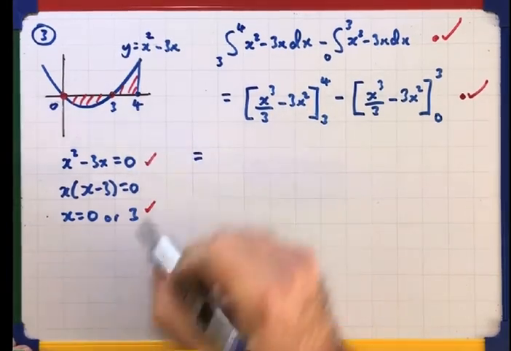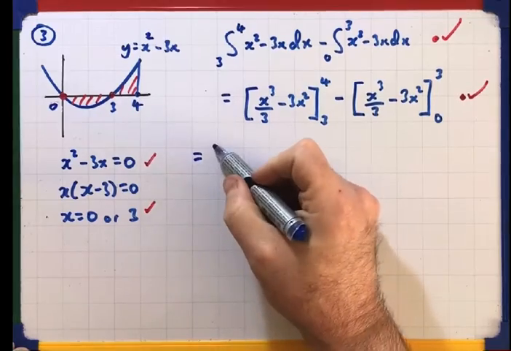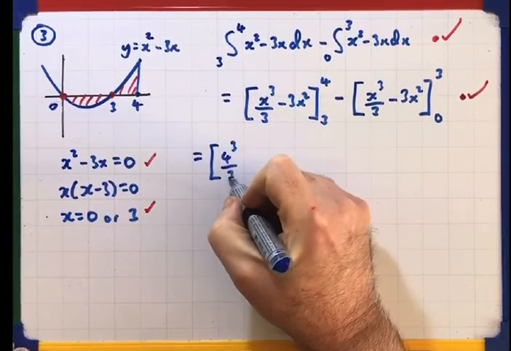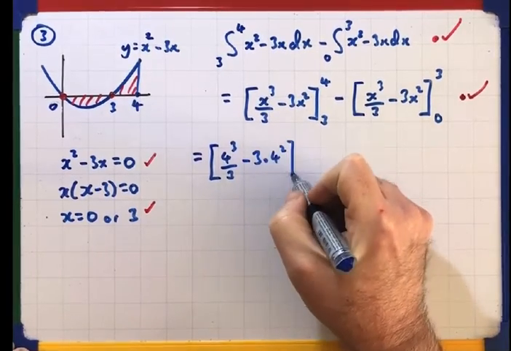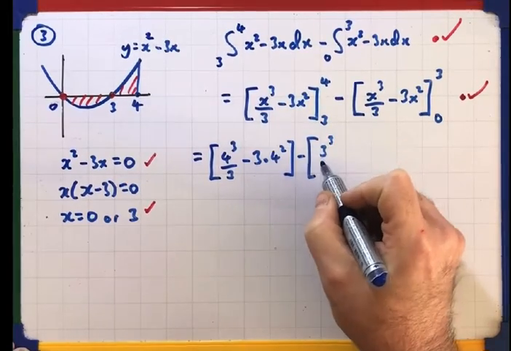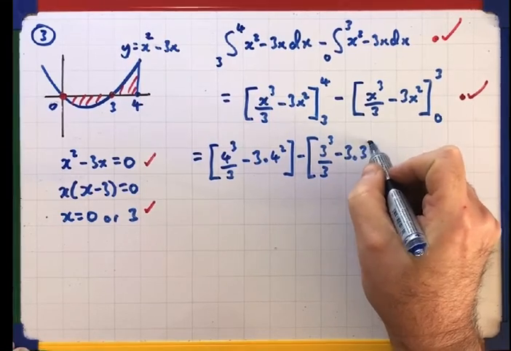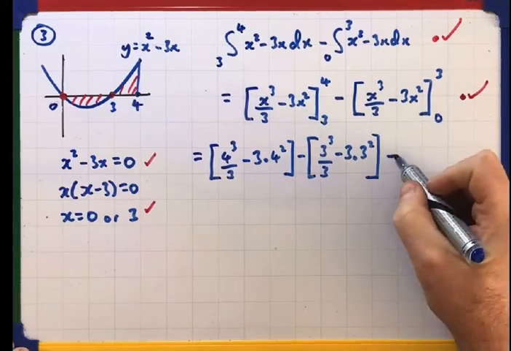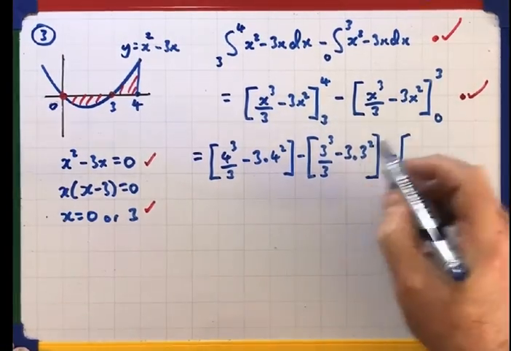So, let's have a look at it. We've got to plug in our numbers now. So if I put 4 in there, I'm going to get 4 cubed over 3 minus 3 times 4 squared, minus, put 3 in there, 3 cubed over 3 minus 3 times 3 squared, minus, now remember it's minus, so that means it's going to be minus the top limit, so it's minus that again.